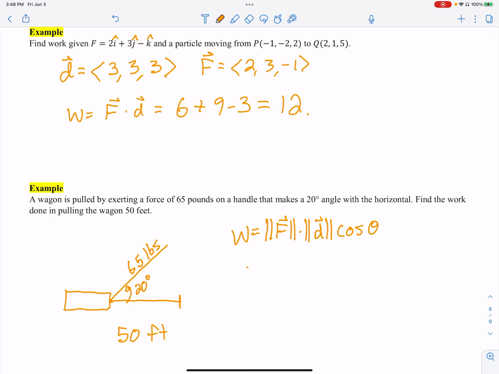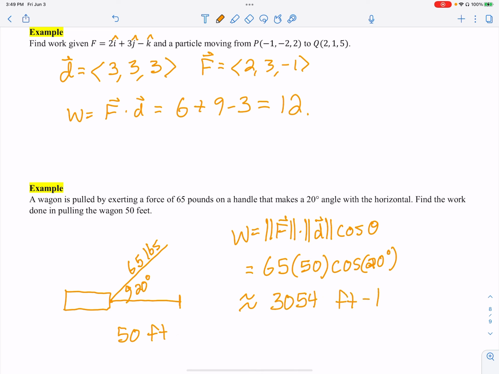We have every bit of that. The magnitude of F is 65, the magnitude of d is 50, and then cosine of 20 degrees. If you plug all that in your calculator, we get 3,054 foot-pounds.